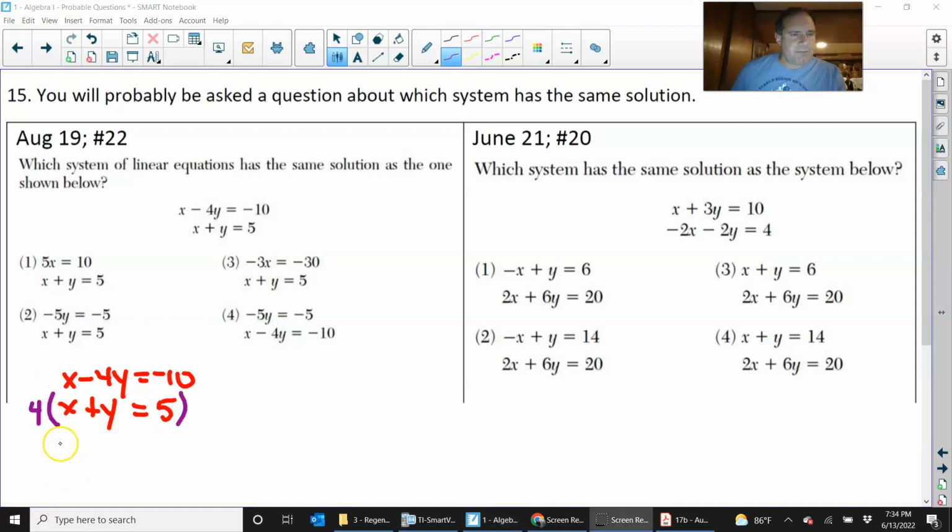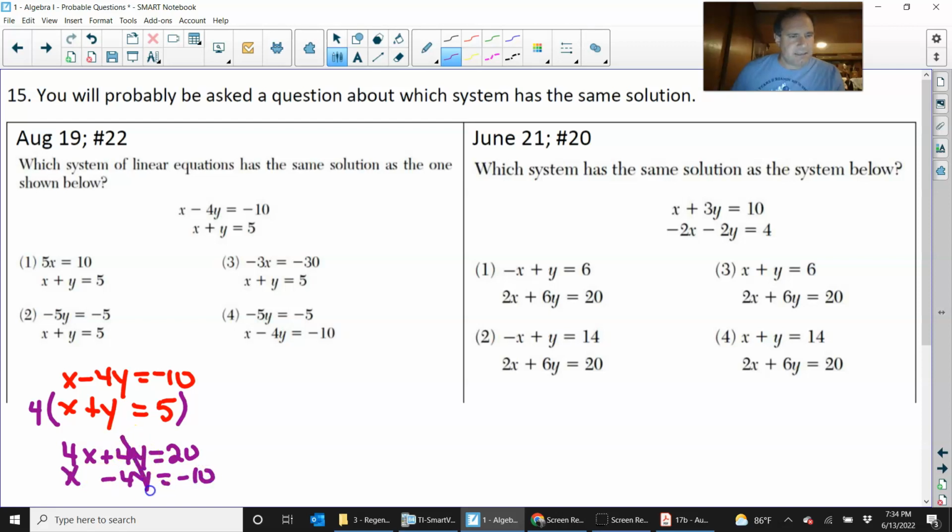I'll multiply this bottom one by 4 because we want to get one of the variables to cancel out. If this is 4y, it will cancel out with the negative 4y. Just remember, you have to distribute through the whole equation. So I'm just going to write x minus 4y equals negative 10.